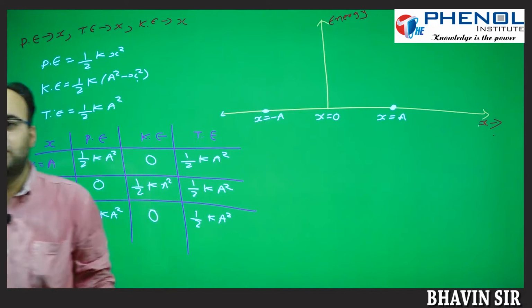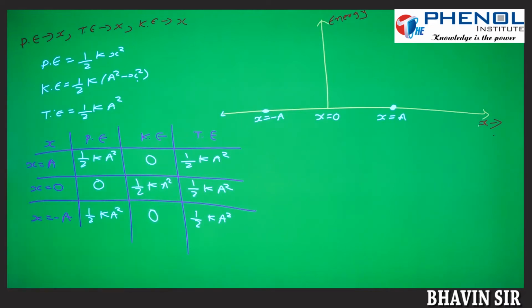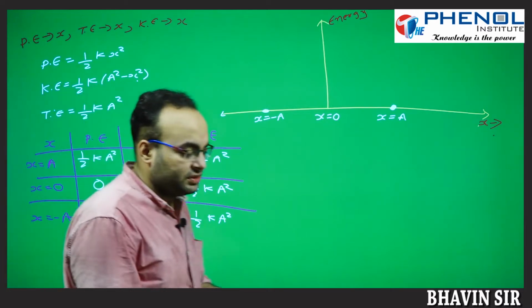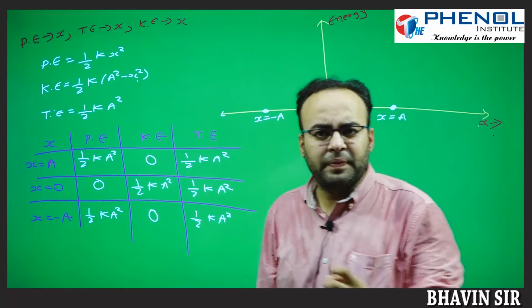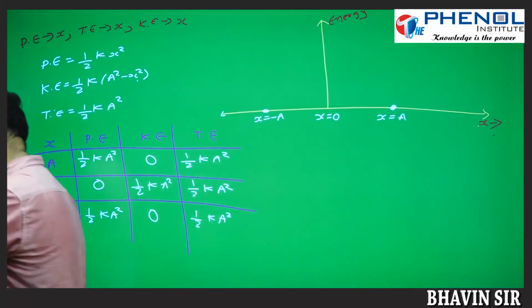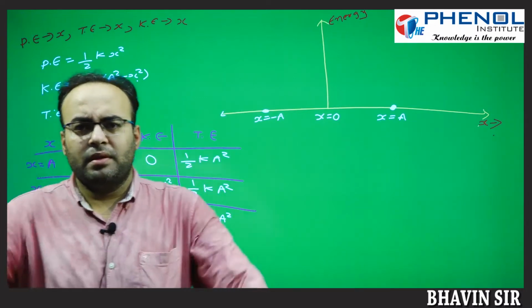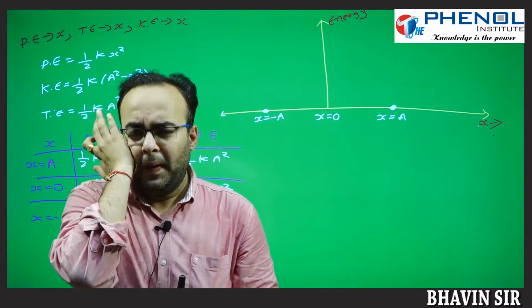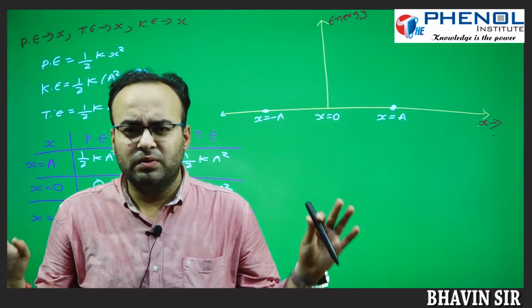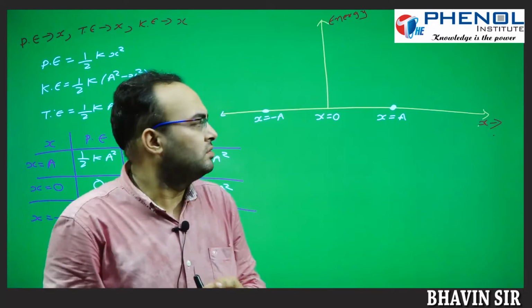So we consider the three positions: a, 0, minus a. Chalo.